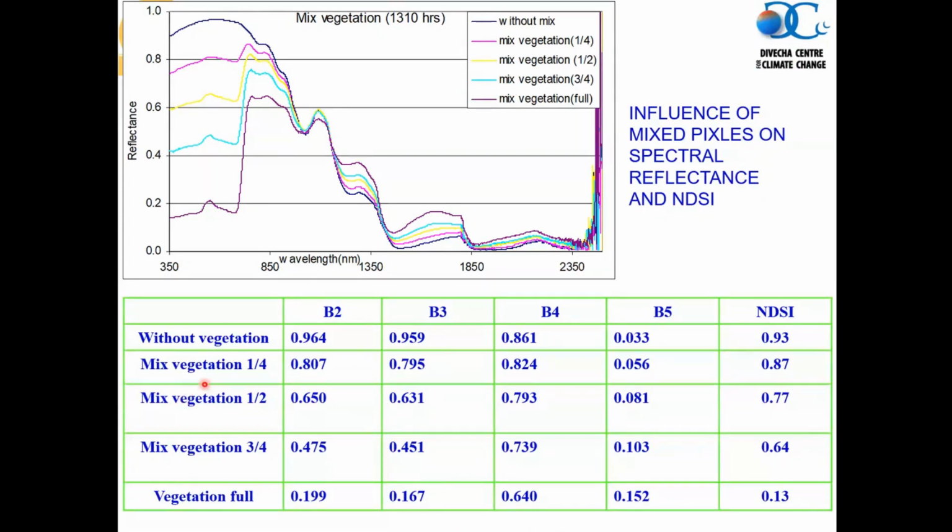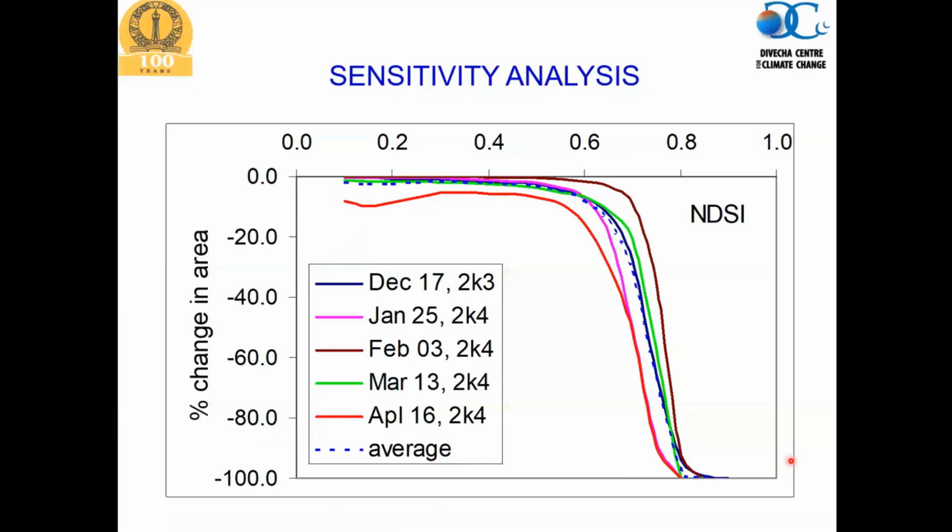In the mixed vegetation, with a quarter of the pixel vegetation, half of the pixel vegetation, the NDSI values come down. Still, even with three quarters vegetation, you can still identify that pixel as snow. If it is full vegetation, then you cannot. So in that sense, NDSI is a robust algorithm by which we can identify snow very clearly, even if it is a mixed pixel.